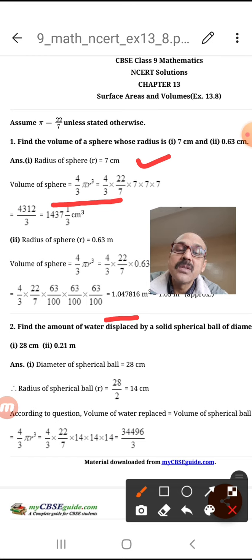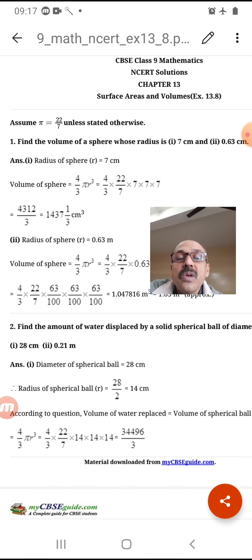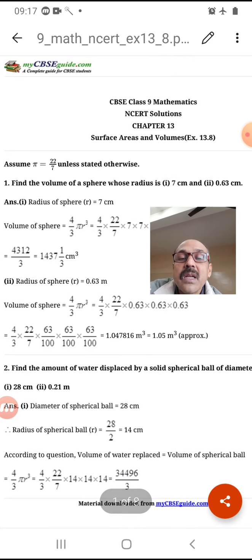So 4 by 3, 22 by 7, 63 by 100, 63 by 100 into 63 by 100. Calculating this, we get 1.05 meter cube. So this is the volume of the sphere.